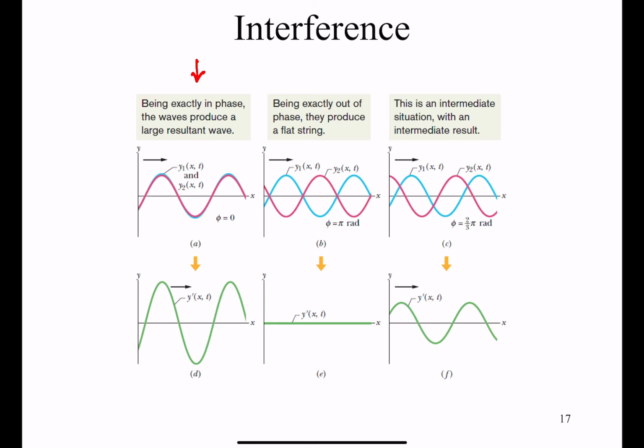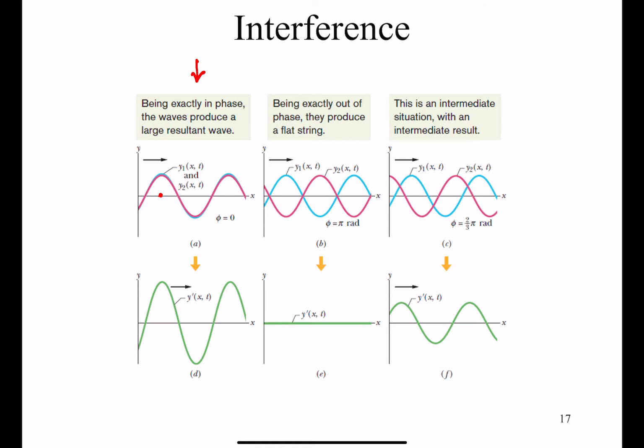Consider the particle that lives at this distance over here. If only the red wave was passing through the medium, its displacement would have been y2. And if only the blue wave were passing through the medium, its displacement would have been y1.